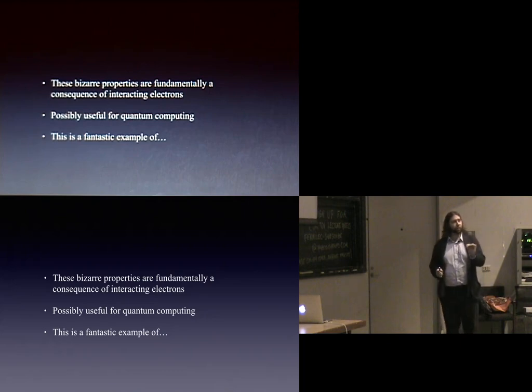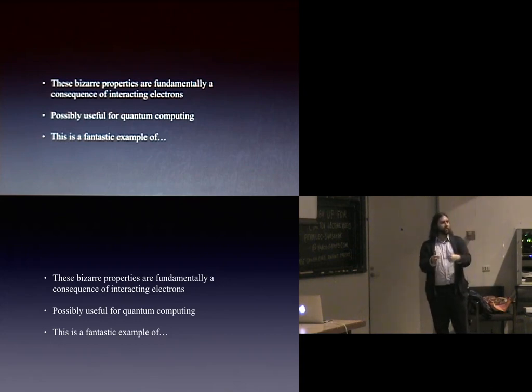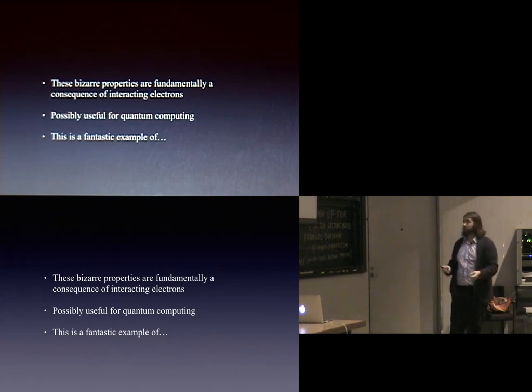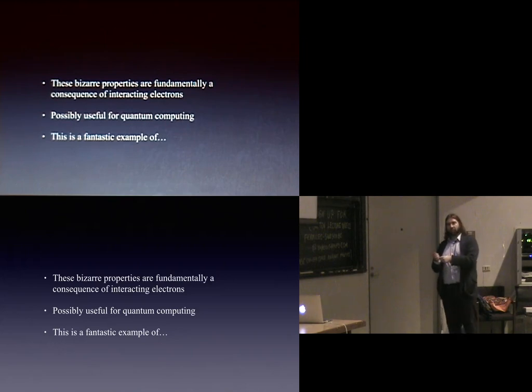And by that, I don't mean the strong force of the standard model. I just mean that if you look at the actual strength of charge-charge interactions between these electrons, it's not something small that you can ignore. And because of the funny statistical properties of braiding these particles, these are also possibly useful for trying to build a quantum computer.